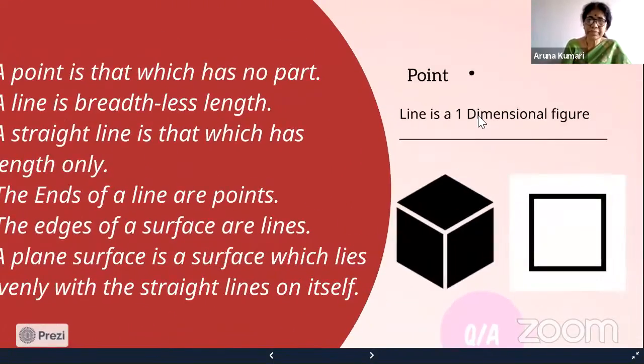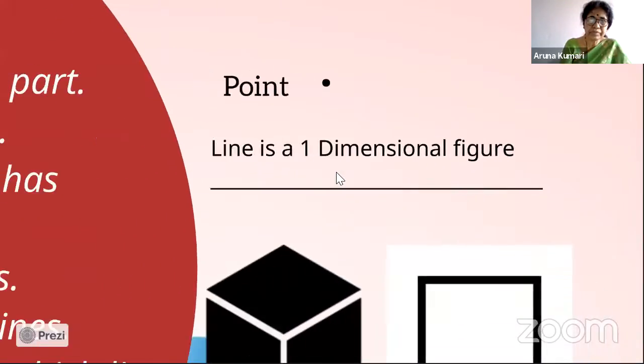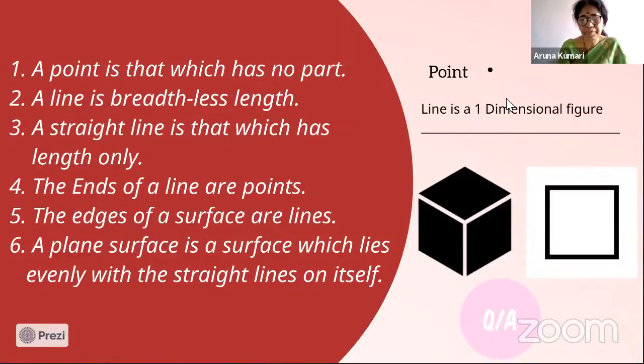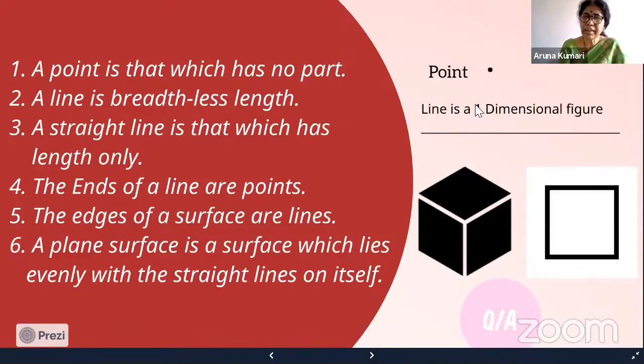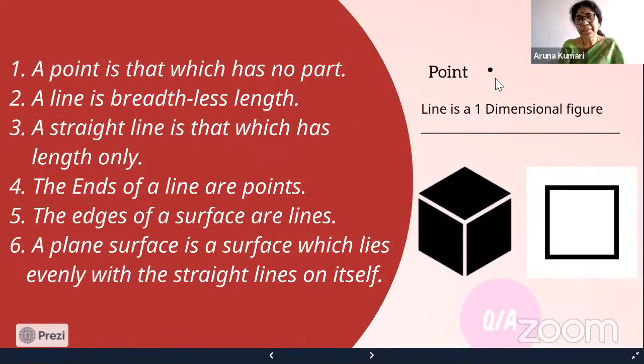So point, line, and surface. These are the three different terms which don't have any definition. That means we can give examples, we can understand, but we cannot give an accurate definition. So these three are called undefined terms.